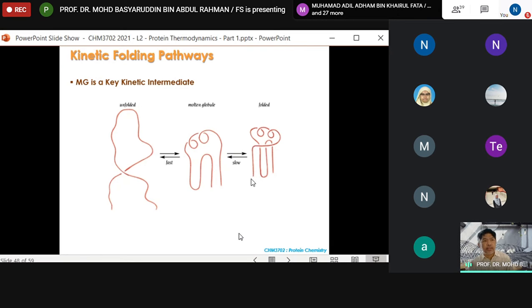At the same time, you also understand there are many other influences that can denature the protein. And of course, in this part, the key player here is also the molten globule, other than the folded state. We also talk about the entropy and enthalpy that lead to the Gibbs free energy.